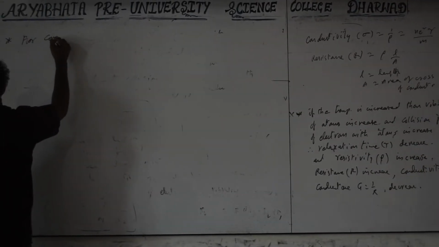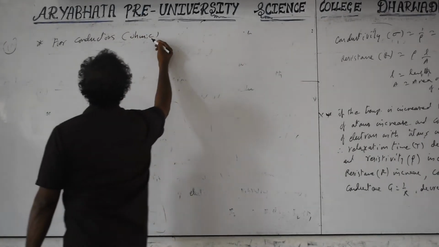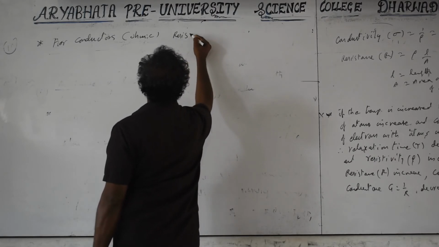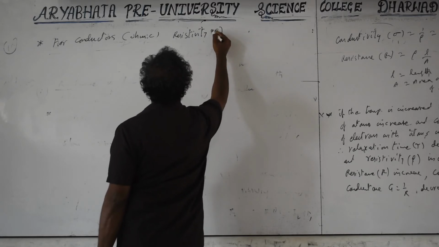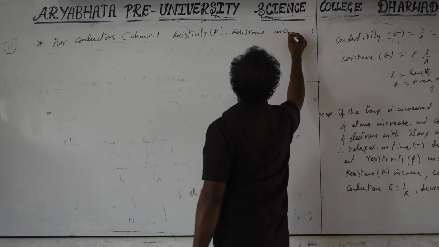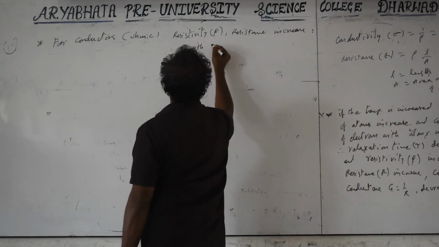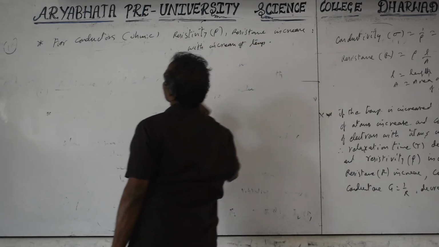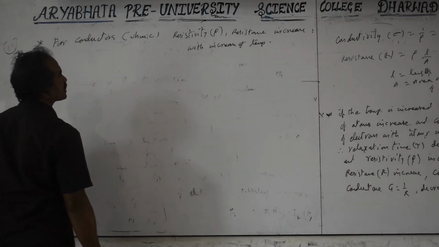For conductors which are ohmic substances, resistivity, or you can take resistance, increase with the increase of temperature, and decrease with the decrease of temperature.